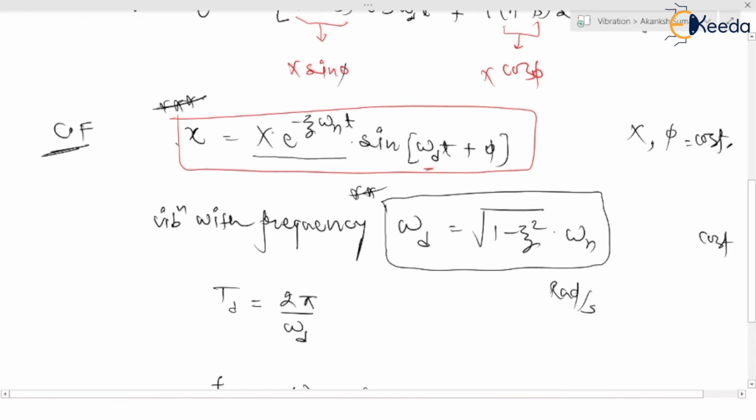Now what does this whole term represent? Basically, this whole term represents the amplitude.